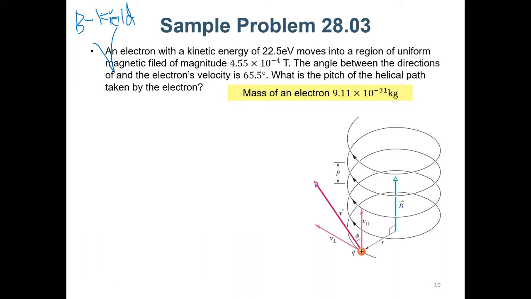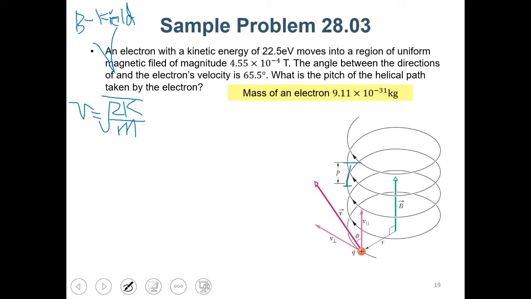And the electron velocity, what is the pitch of the helix path taken by the electron? The pitch is the horizontal distance between the helix line. So actually, we have the velocity equals the square root of 2 times the kinetic energy over m.